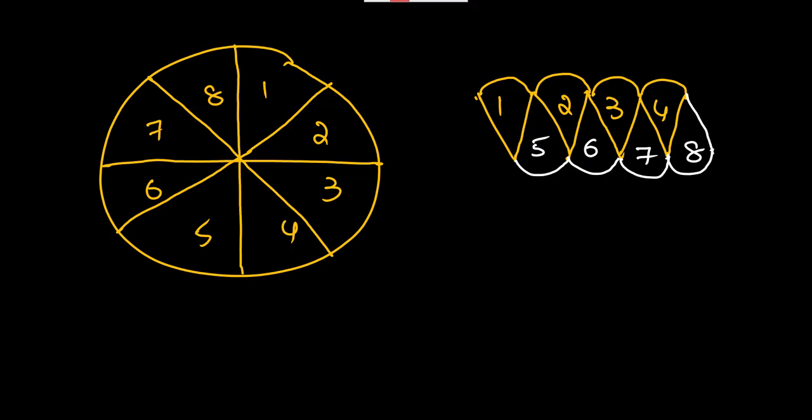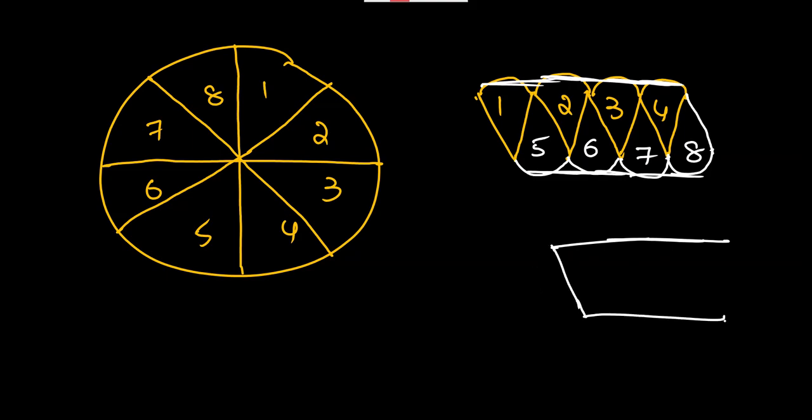Now, if we divide into 16, and if we divide more and more, what will happen? The above one will be flattened. That curve will be flattened. It will be like a parallelogram. The shape, if we divide into more and more, looks like a parallelogram.